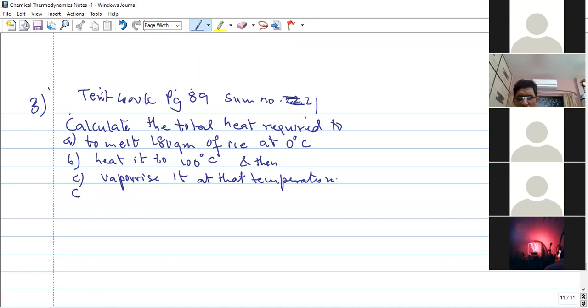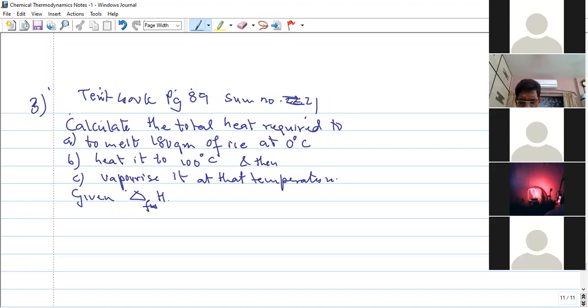You are given enthalpy of fusion of ice 6.01 kilojoules at 0 degrees Celsius.